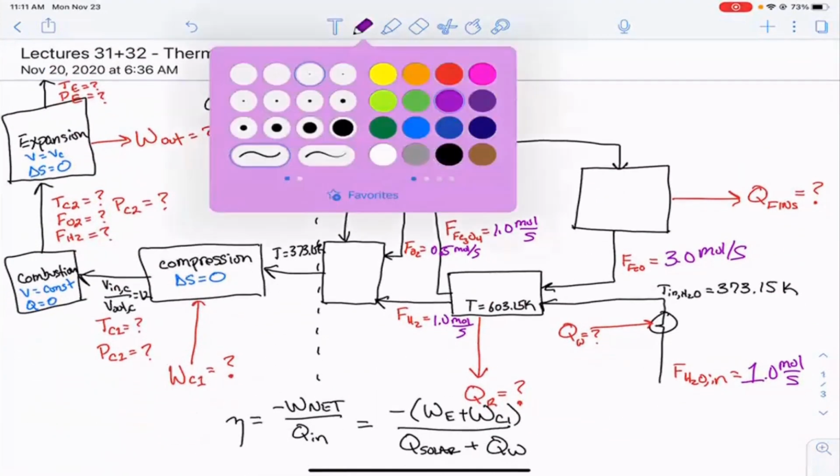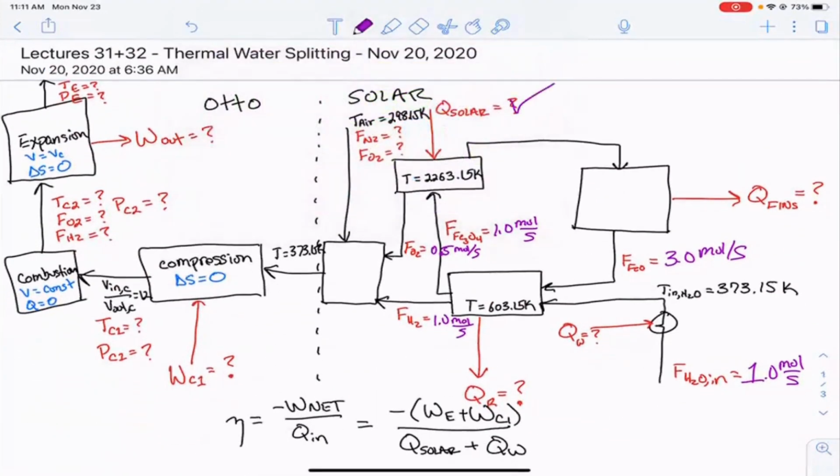Well, now we have that, we have that, we have that, and we have that. So the only thing that's left on the right-hand side of this combined cycle for us to figure out are these last two flow rates of nitrogen and oxygen.